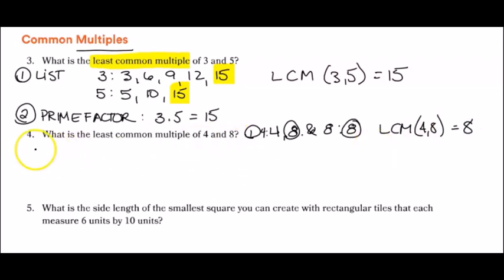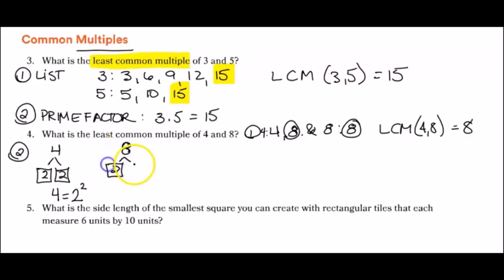But this one does work out better to show you the prime factors. So if I look at the prime factors of 4, that's 2 and 2, or 4 is 2 squared, and then 8 is 2 times 4, which is then 2 times 2 times 2. So 8 is 2 cubed.